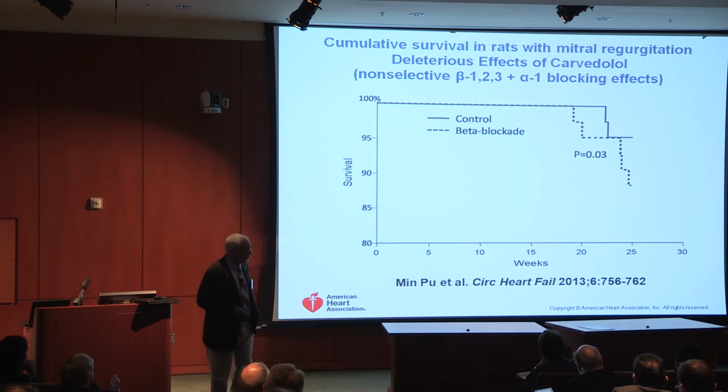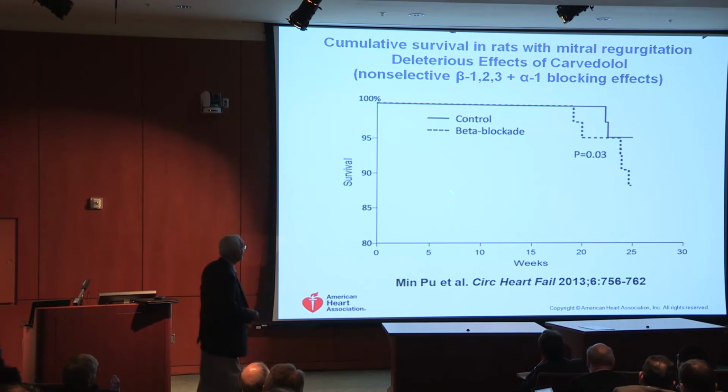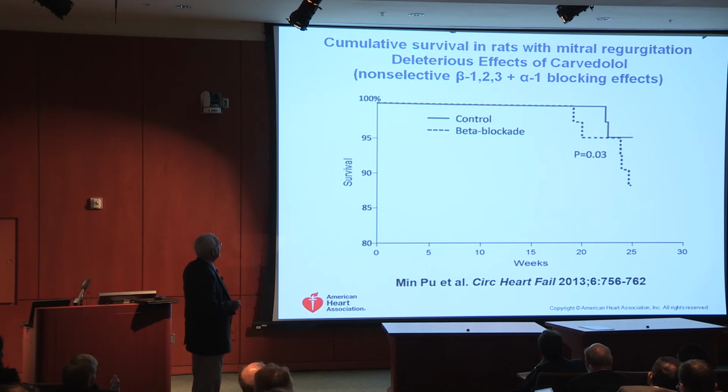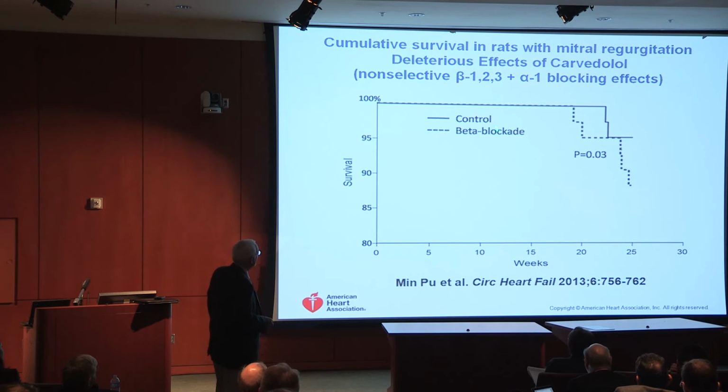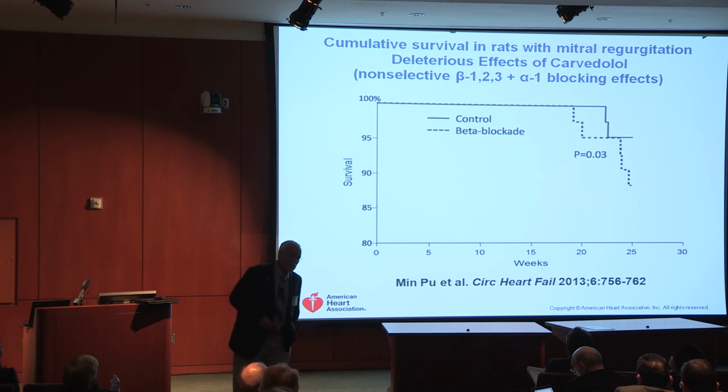Now, this is really interesting because this came out from Min Poo at Wake Forest, where he gave the cumulative survival in rats with mitral regurgitation, he gave them carvedilol, and it killed them. Now, I talked to Paul Simpson about this, and you know, when you block non-selectively beta 1, beta 2, beta 3, and alpha blocking, you really take away an important, probably an extremely important mechanism of compensation.